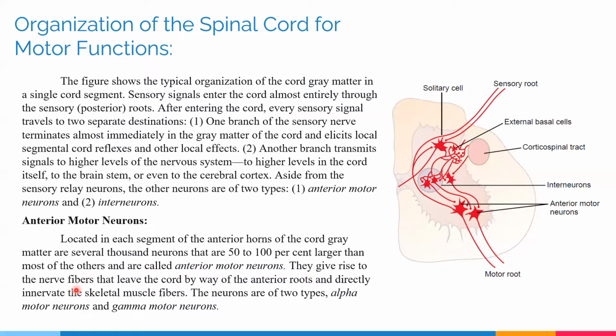These give rise to the nerve fibers that leave the cord by way of the anterior roots and directly innervate the skeletal muscle fibers. The neurons are of two types: alpha motor neurons and gamma motor neurons.